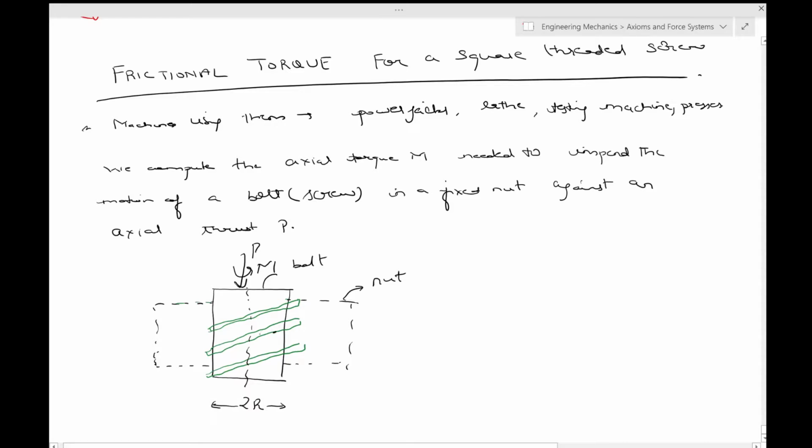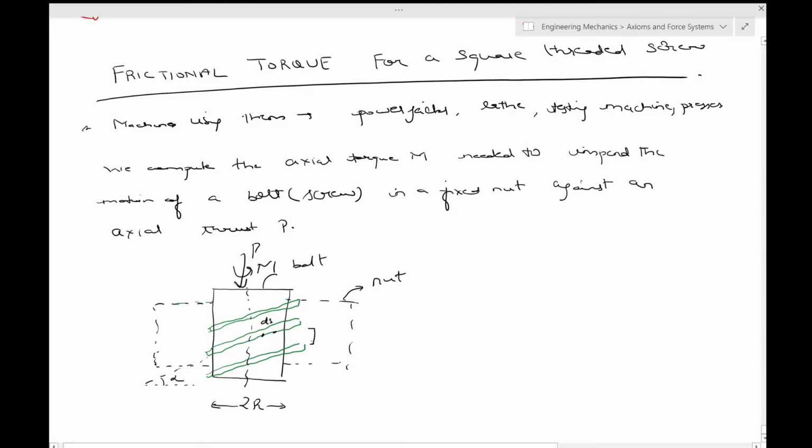This region is ds. This angle will be called alpha.